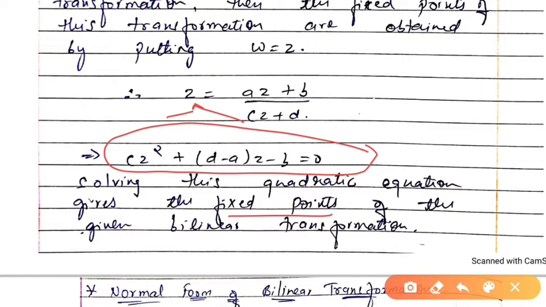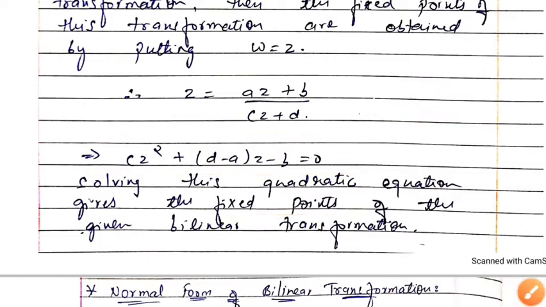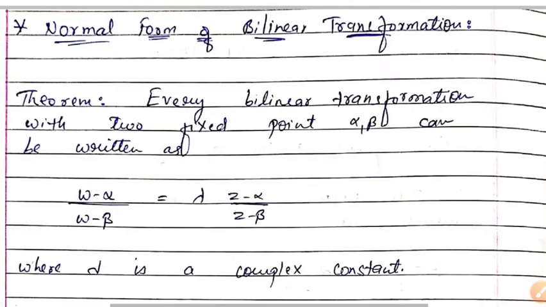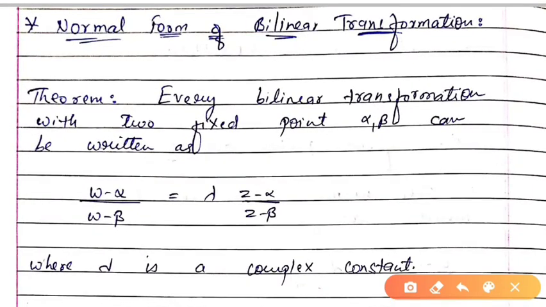What we have to do is, we have to find the values of z over here, and those values of z are called the fixed points of the given bilinear transformation. Okay. Now next is normal form of bilinear transformation.